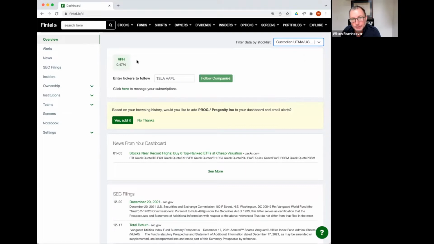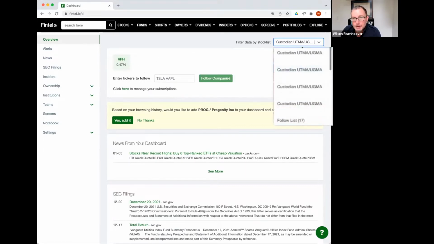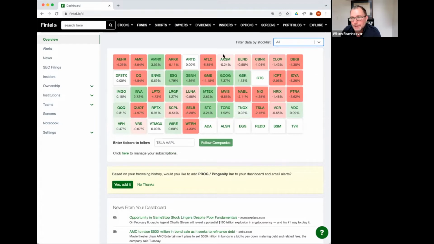So here I have VFH in one of my kids' accounts. The point is that when I make these trades in my own individual accounts or my other brokerage accounts, we're automatically going to update the stock list here, your dashboard, with those trades.